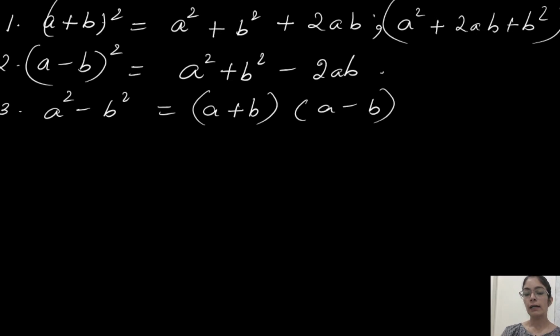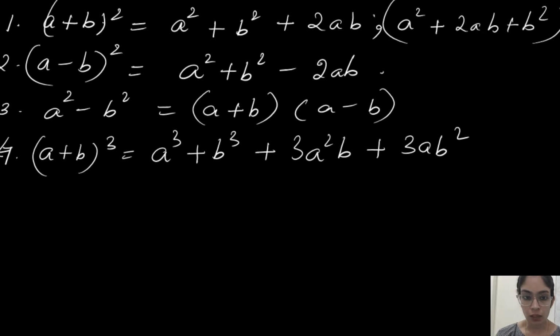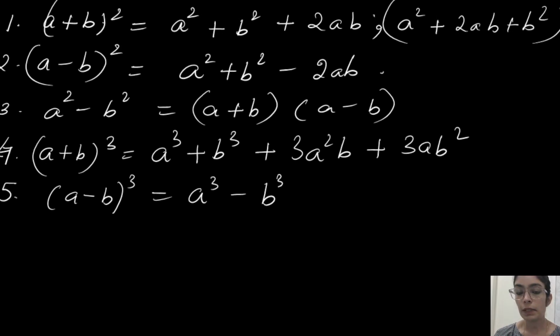Other than these three, the identities which we might have to use are cubic identities. Those are (a plus b) whole cube, which equals a cube plus b cube plus 3a square b plus 3ab square. Then the fifth one is (a minus b) whole cube, which is a cube minus b cube minus 3a square b plus 3ab square.